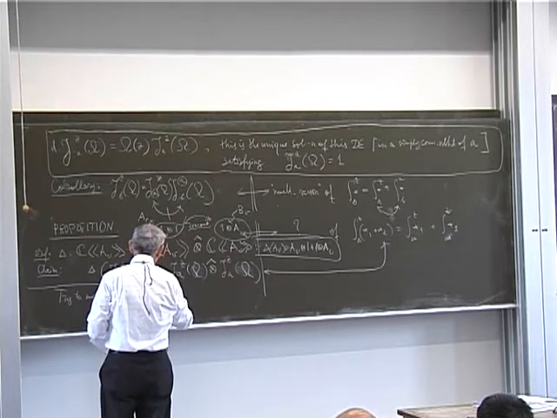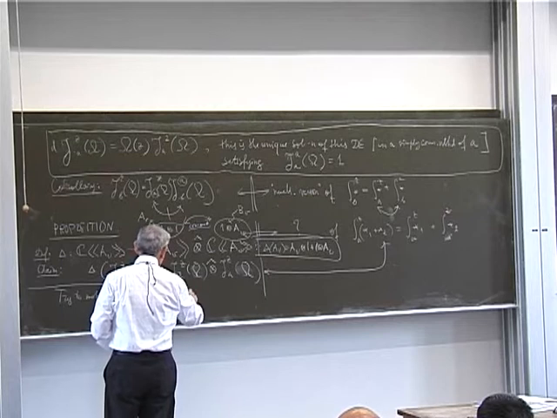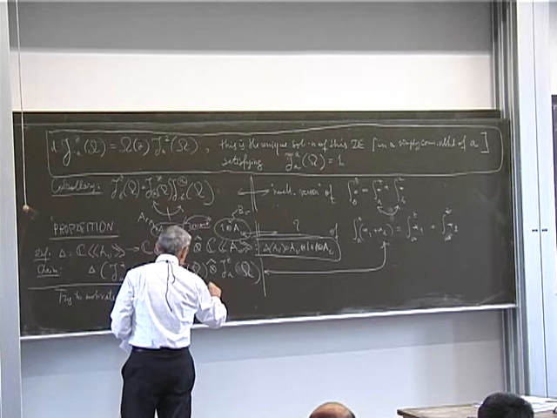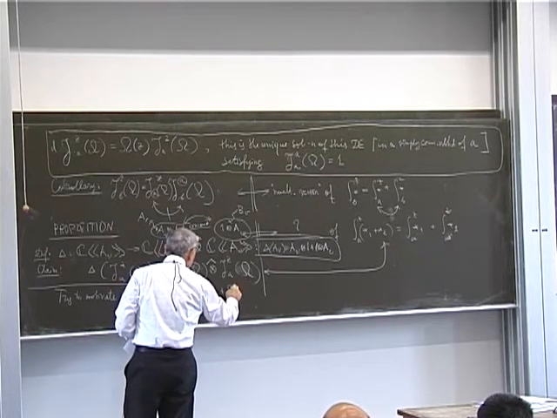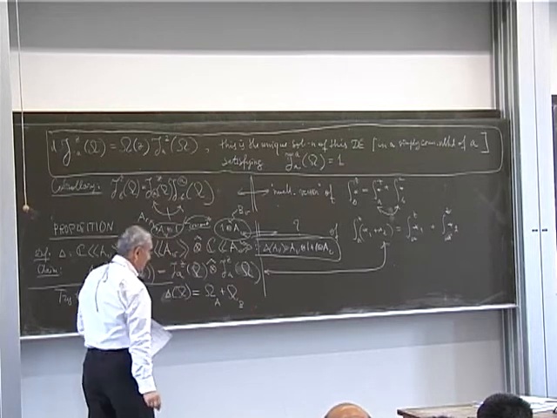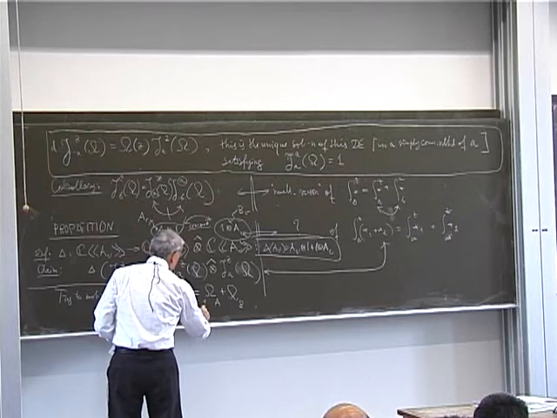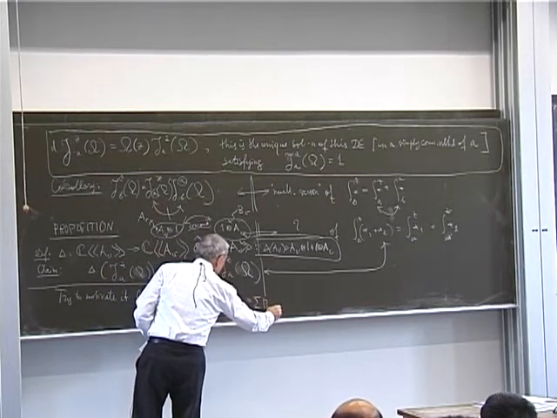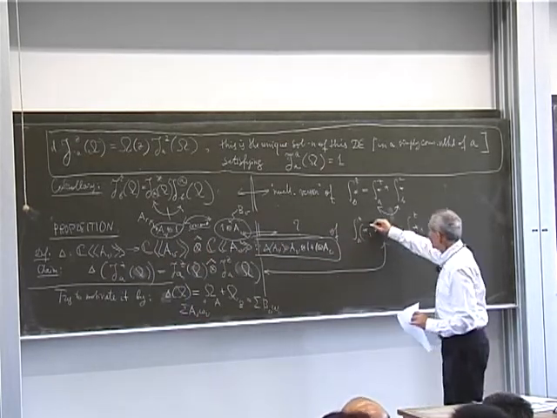And when I'm applying delta to omega, then I'm essentially writing omega constructed out of A plus omega constructed out of B. So the sum of AV omega V, and here the sum of BV omega V. So actually what I'm doing is exactly what I have here.